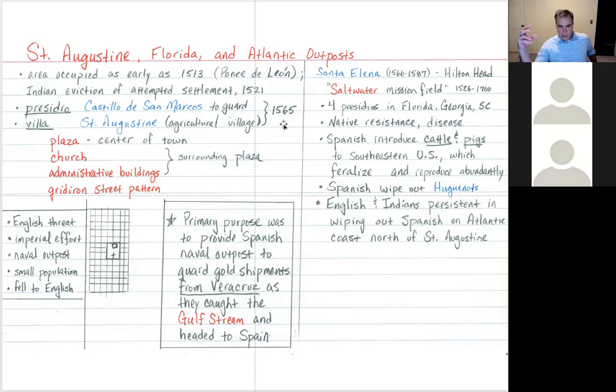Now, we'll talk a little bit about that in a second, but the Roman Catholic priests being protected by the Spaniards in St. Augustine in the Presidio were never very successful in getting many converts to Christianity during the first 150 years or so.